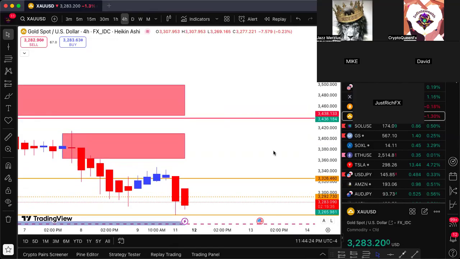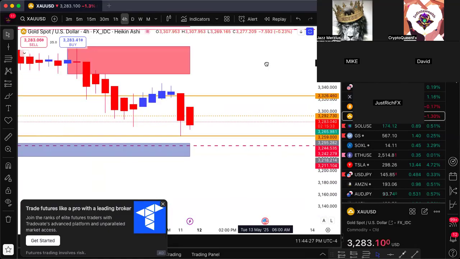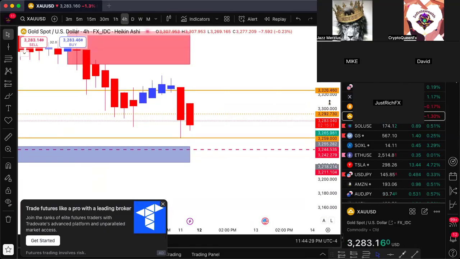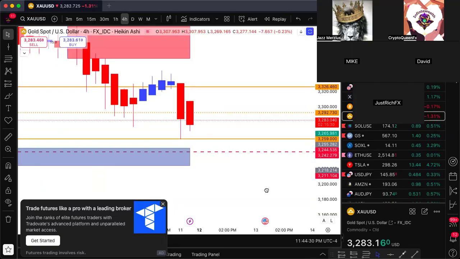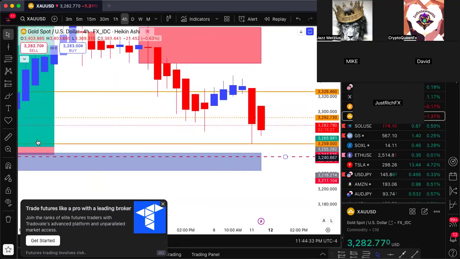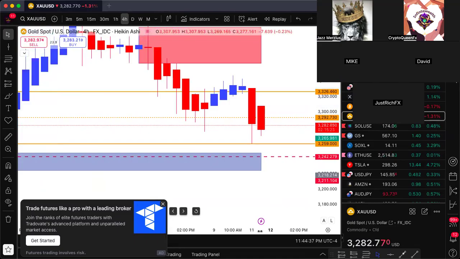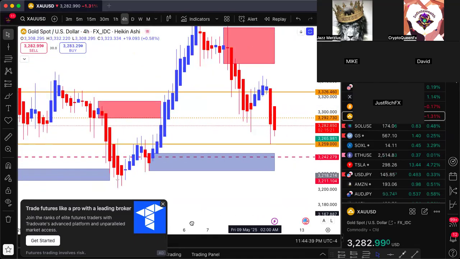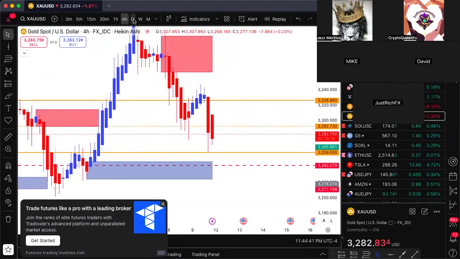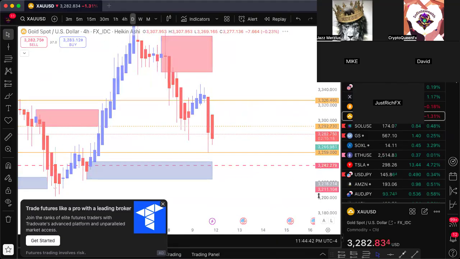Right now, gold is below the weekly area right here. It's below the midweek right here. And then you can go back to the Wednesday.